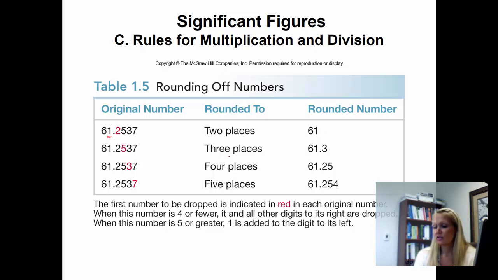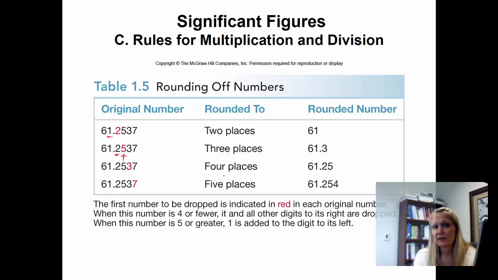If I need to round to 3 sig figs, I go to my third number and look to the right of it. It's going to round up, so everything past that 2 is dropped, but my 2 is going to be a 3. If the number is 5 and up, it rounds up.